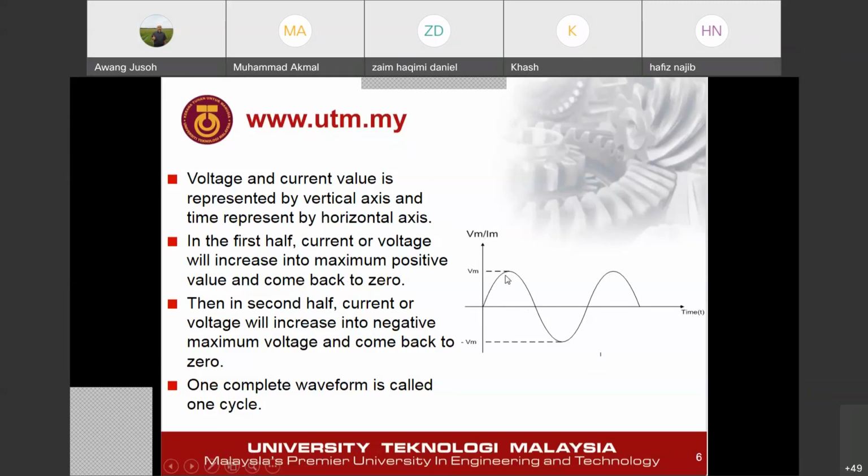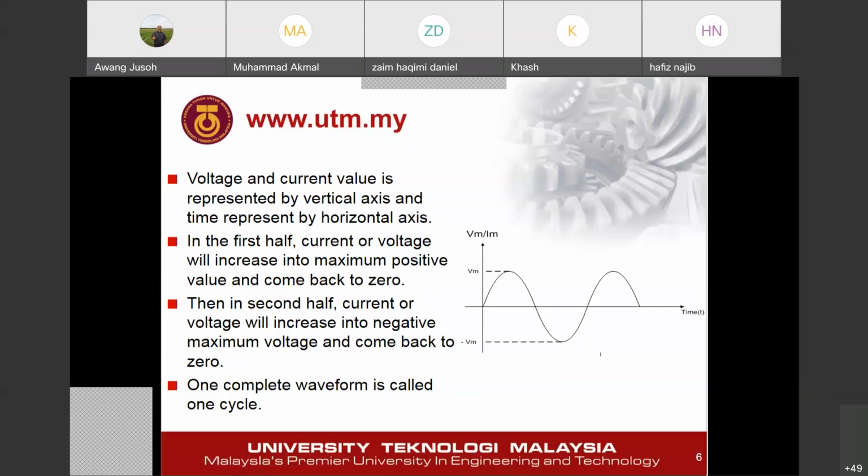This is the positive half of the signal. In the second half, the current or voltage will increase to the negative peak, then come back to 0. One complete cycle is called one cycle of the signal. Understand?